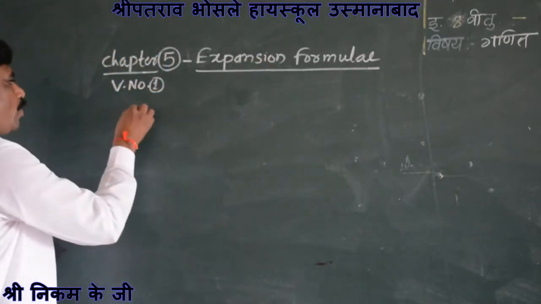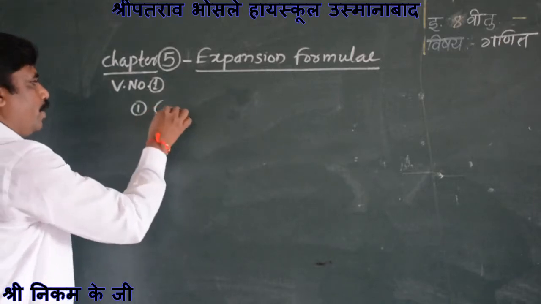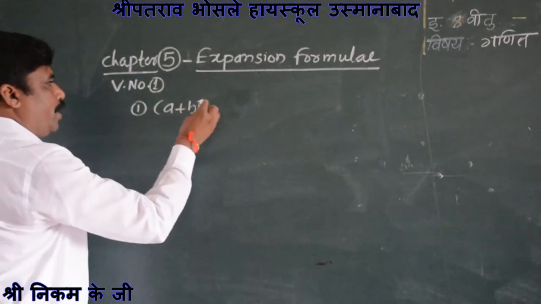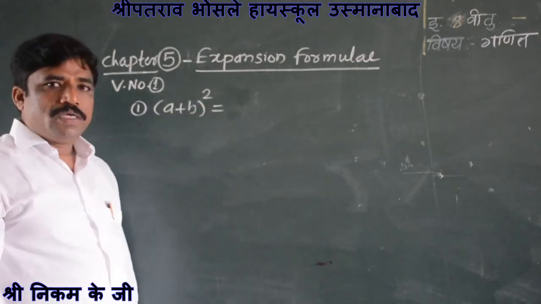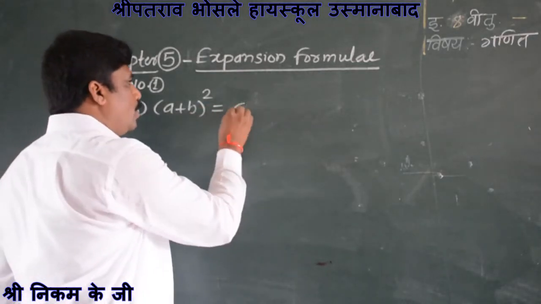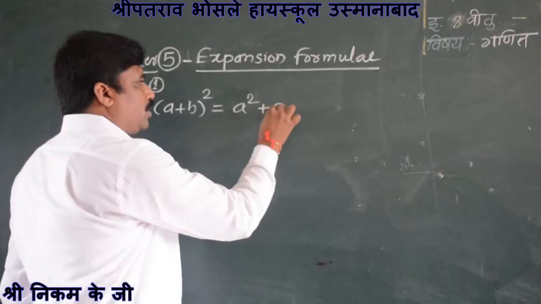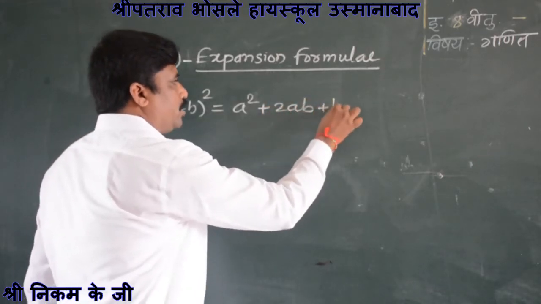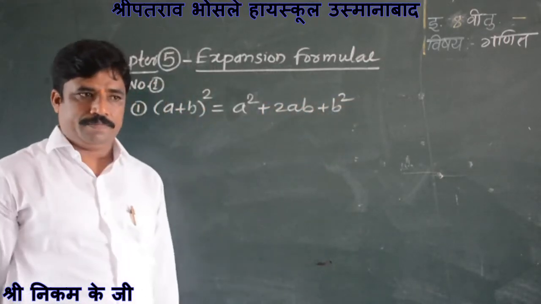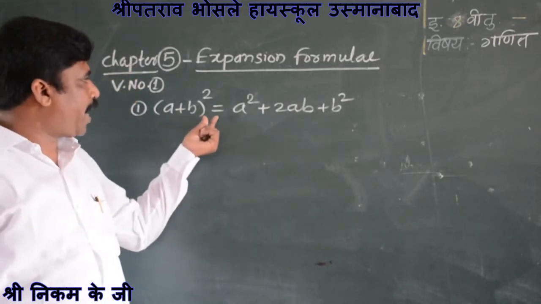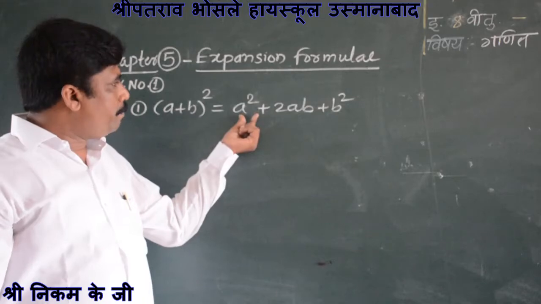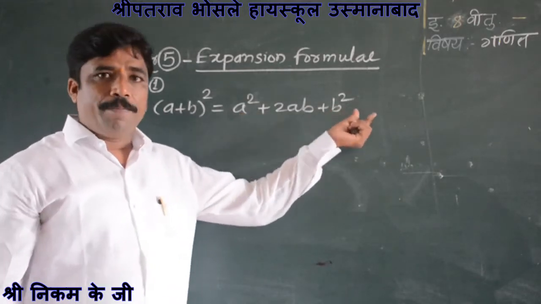Formula number 1: (a plus b) whole square is equal to a square plus 2ab plus b square. The expansion of (a plus b) square is equal to a square plus 2ab plus b square.